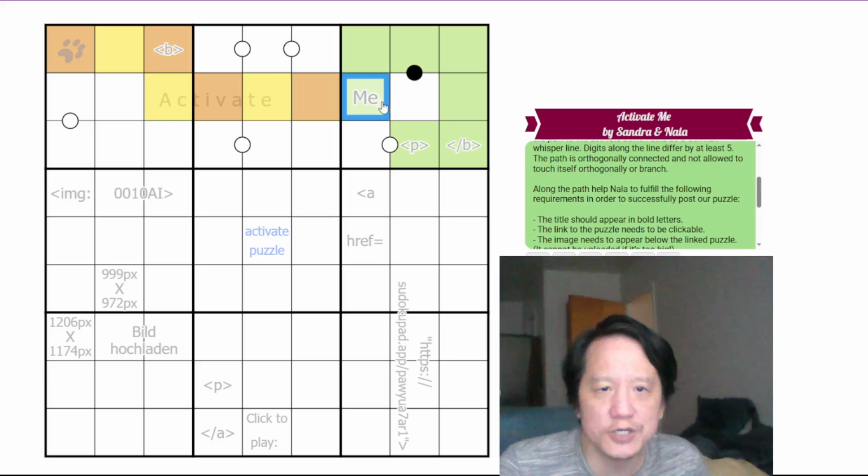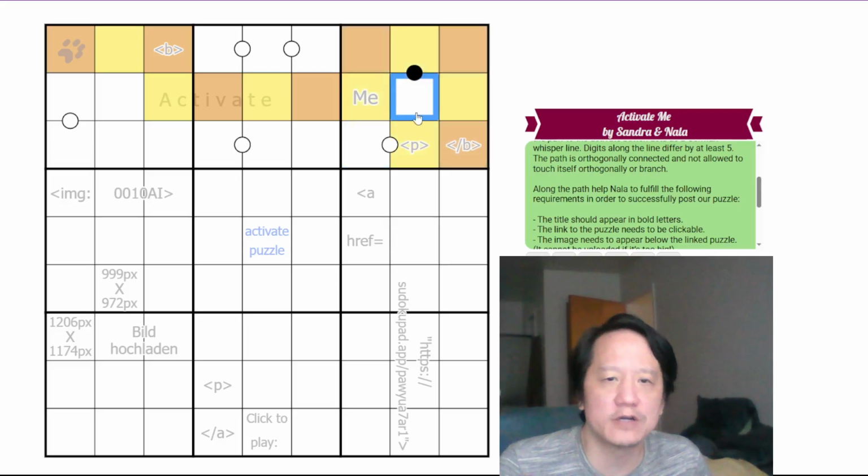We have orange here and yellow here. That makes this orange here and yellow here. That leaves that as orange, and then we have yellow here. Orange here. This must be yellow here.